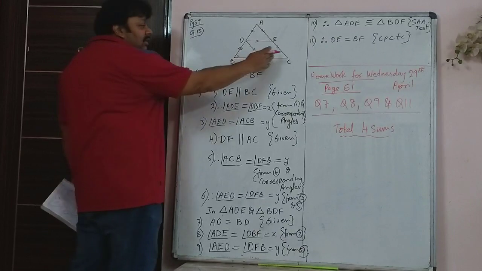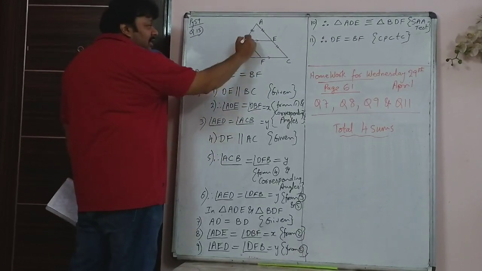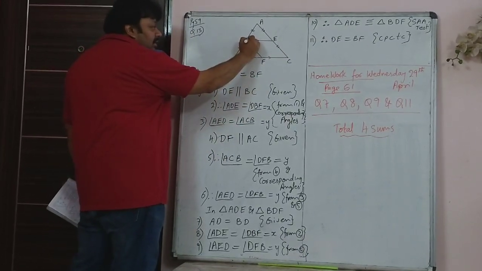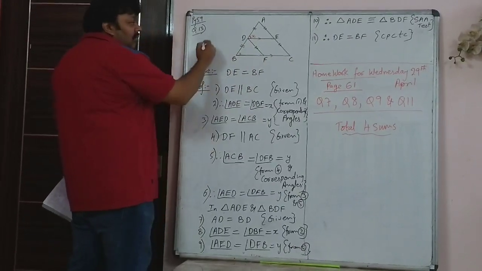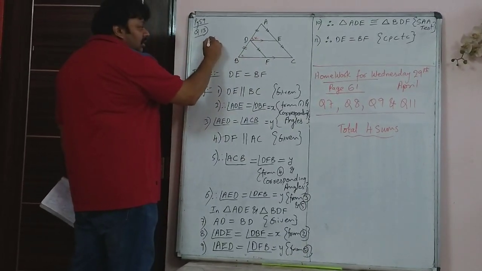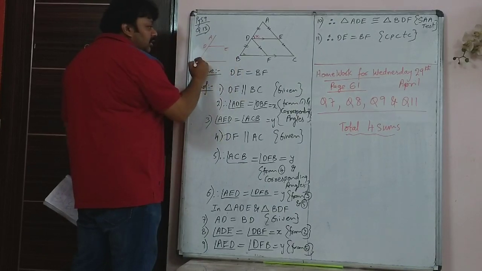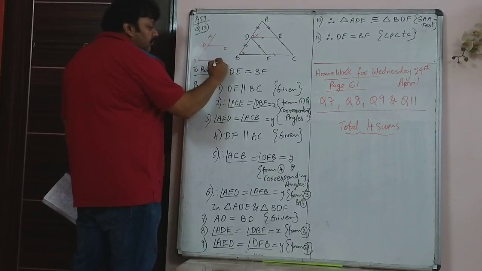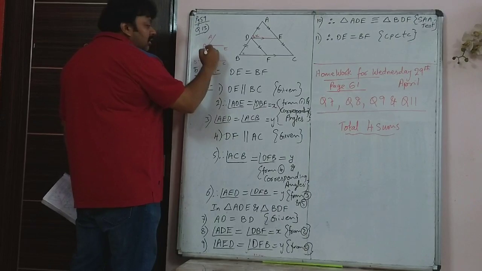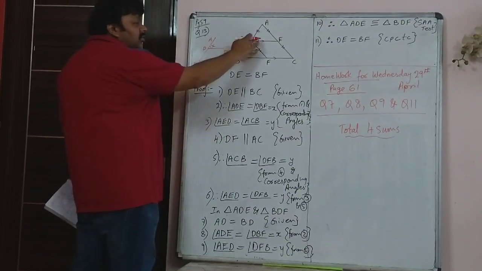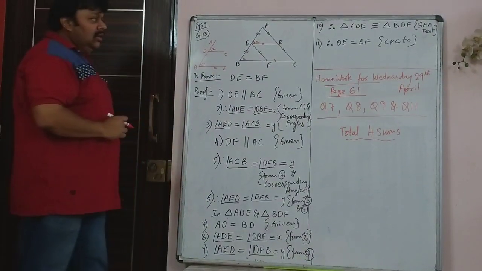Now if I take this angle as x, then I can say that this angle is also x. Why? Because those two will be corresponding angles. It is x and x, corresponding angles, so I can mark them as x.